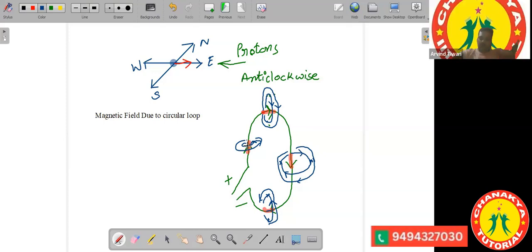Okay. So see, if I make these field lines a little bigger, like this, I'm going to make these magnetic field lines like this. So can I see that all the magnetic field lines are moving into the circle?